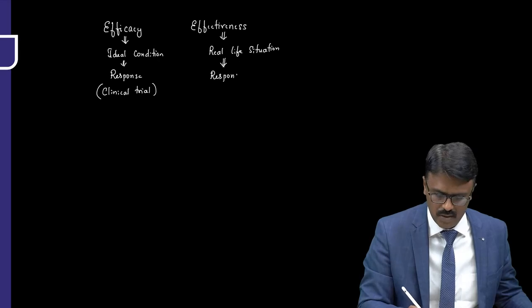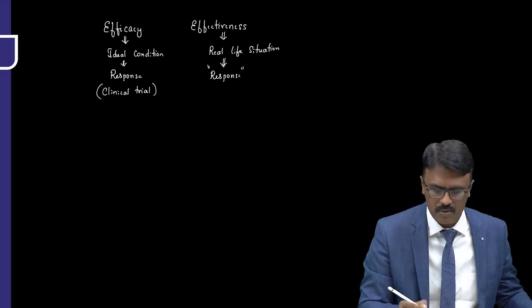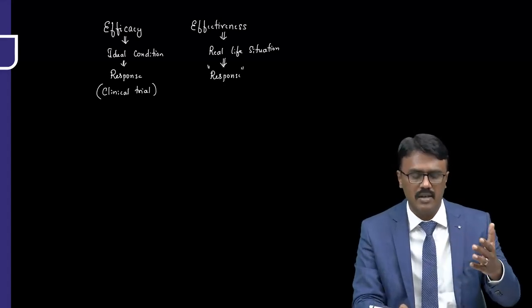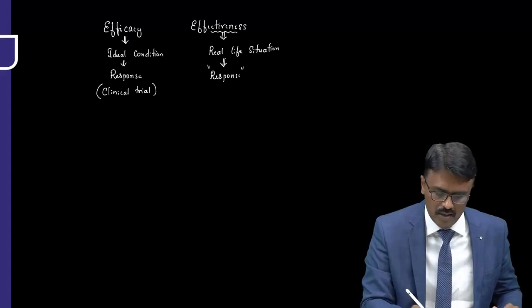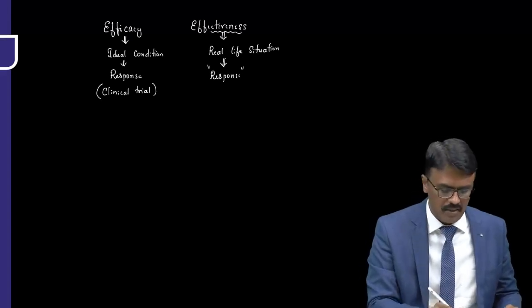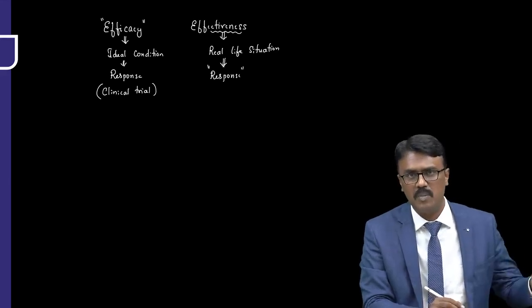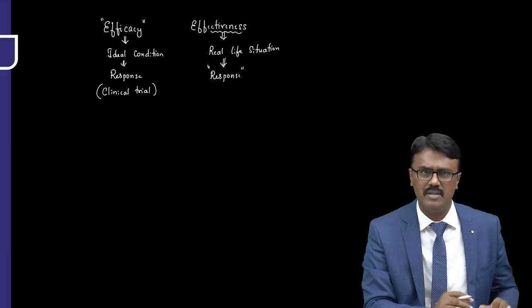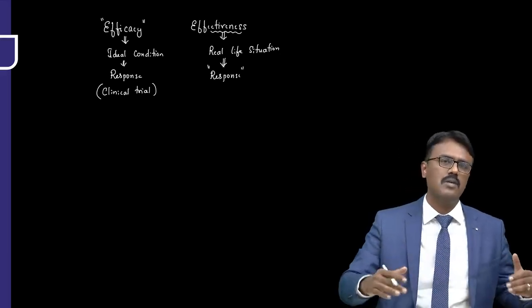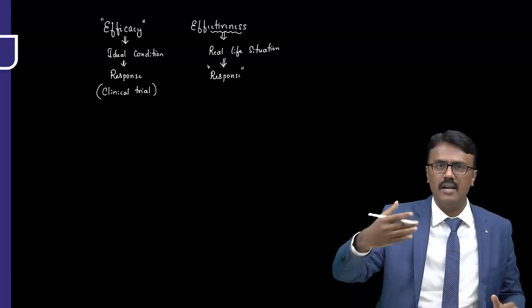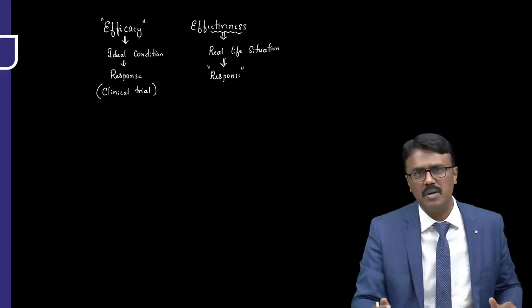That is what you see in a real life situation when you start prescribing the drug to patients in your hospital, in your clinic, and that is called effectiveness. Efficacy is seen in ideal conditions, when we do an experiment or a trial. That's the only difference. Effectiveness is what you see when you start prescribing as a doctor in a real life situation.